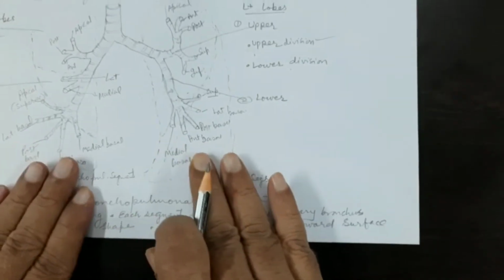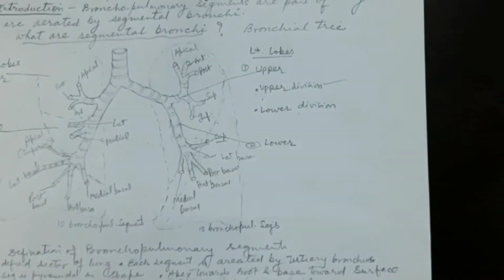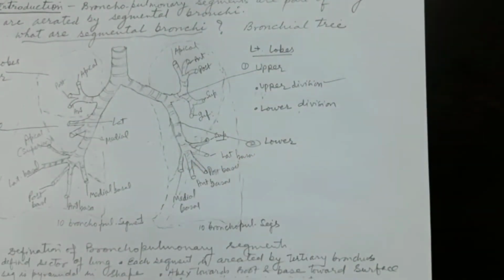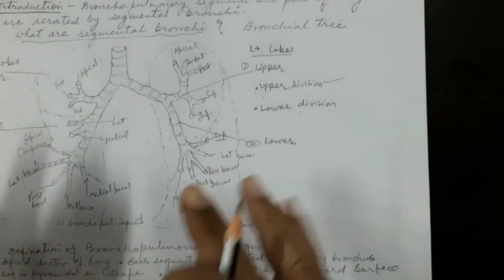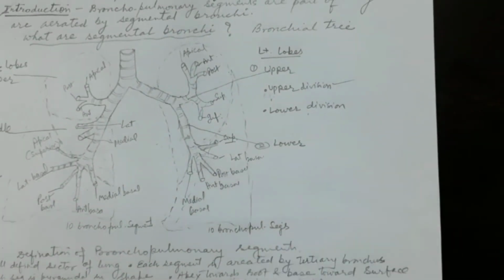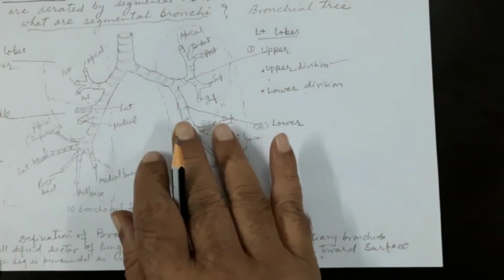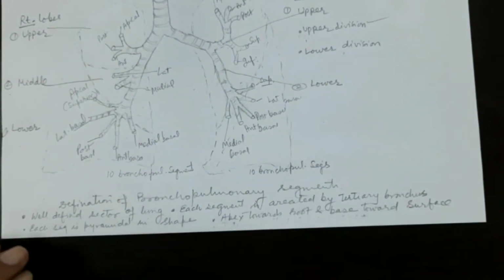Now this must have given you a rough idea what a bronchopulmonary segment is and how ultimately we come to know that there are 10 bronchopulmonary segments in the right and 10 in the left. So let us come to a definition of the bronchopulmonary segment.